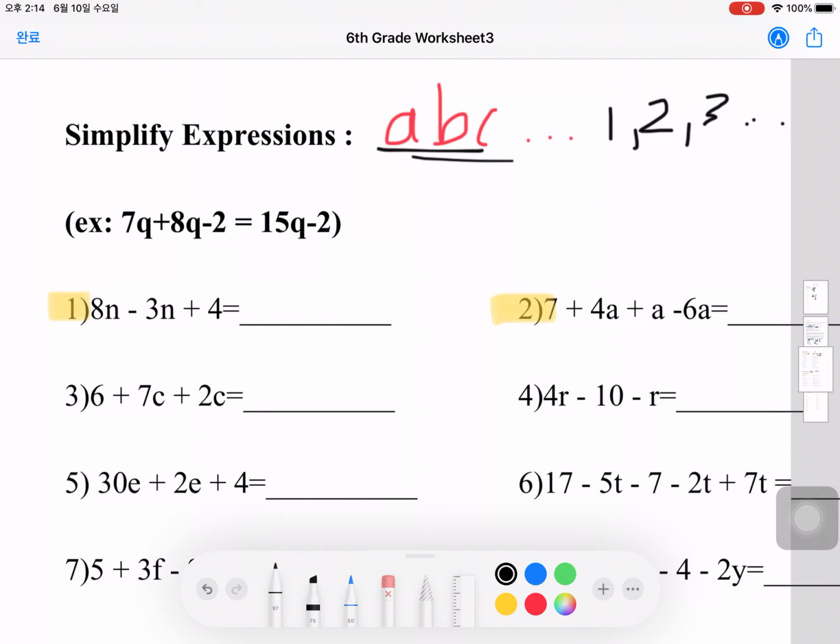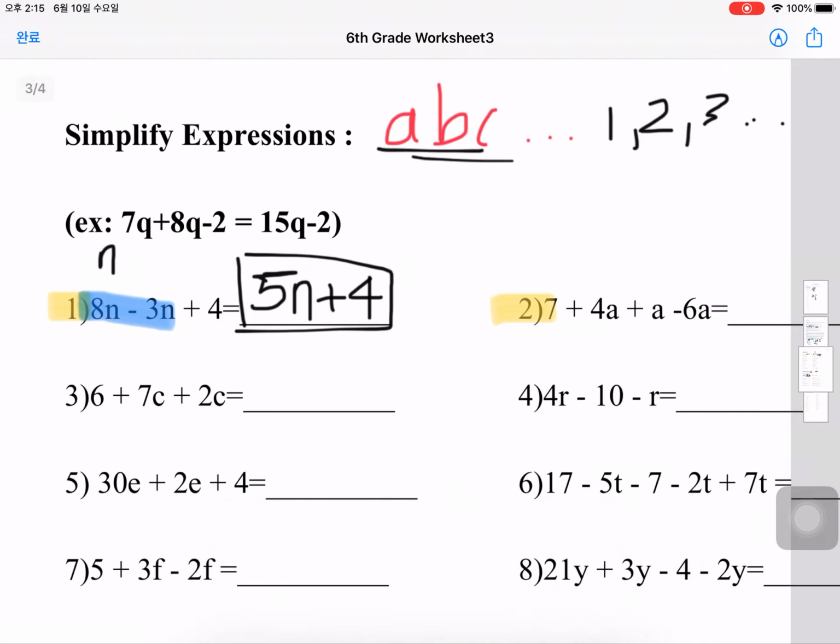So if we see on number 1, we can see these parts, 8n minus 3n, they both have the variable n in it. So we can subtract these together, which would be 5n, and since the 4 doesn't have anything to be added or subtracted with, it will just be 4. And that would be your final answer.